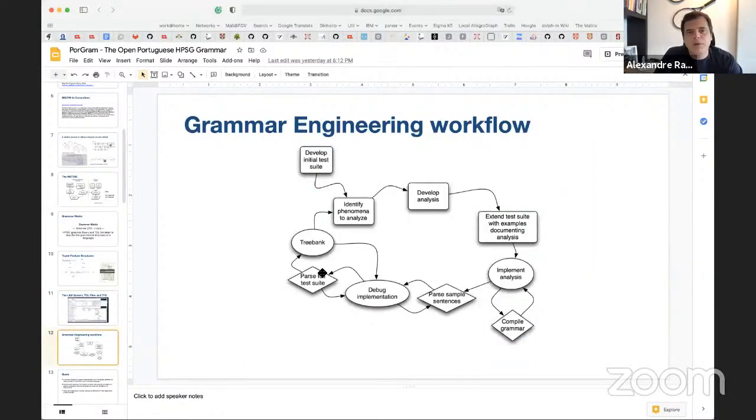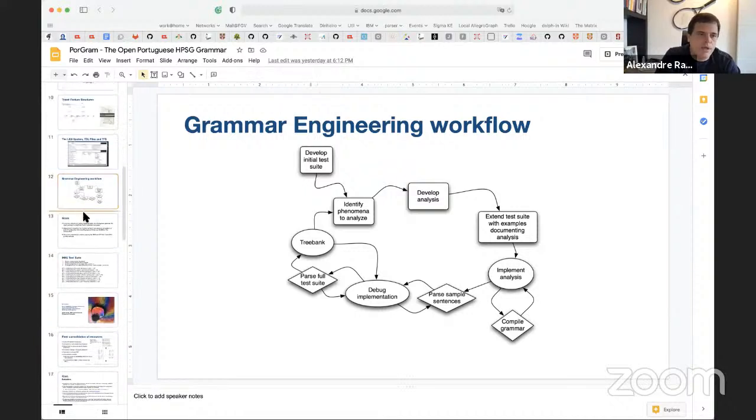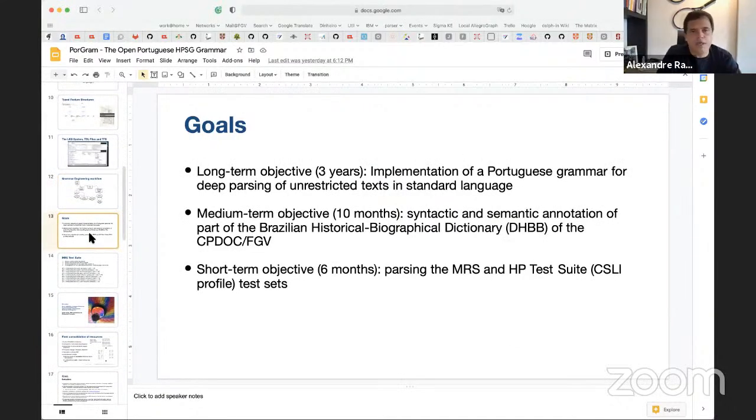I think I can move quickly now through this grammar engineering part. We all know that, right? In this workflow in grammar engineering, we implement the grammar, driven by a test suite that has some examples of sentences that we expect to parse, and others that we expect not to over-generate. Then we have this whole cycle of running tests, getting some result, checking the over-generation or the sentences that were expected to parse but were not parsed, and then going back to the grammar and checking it.